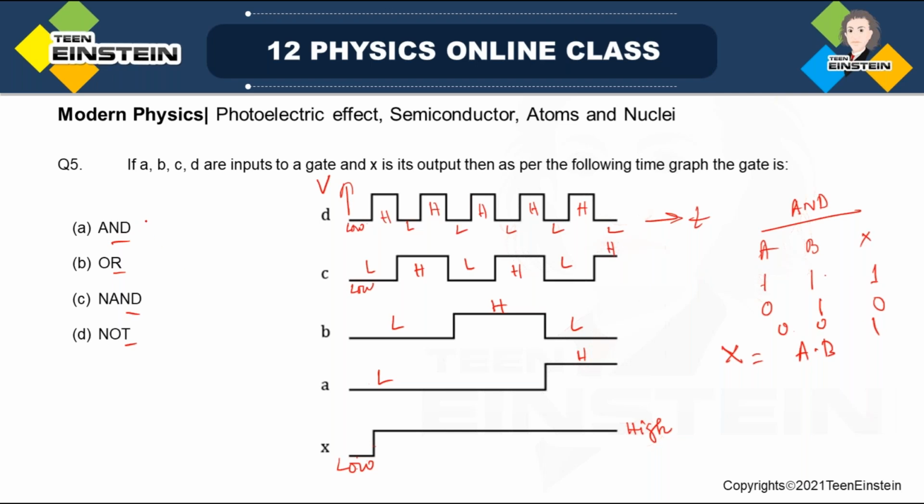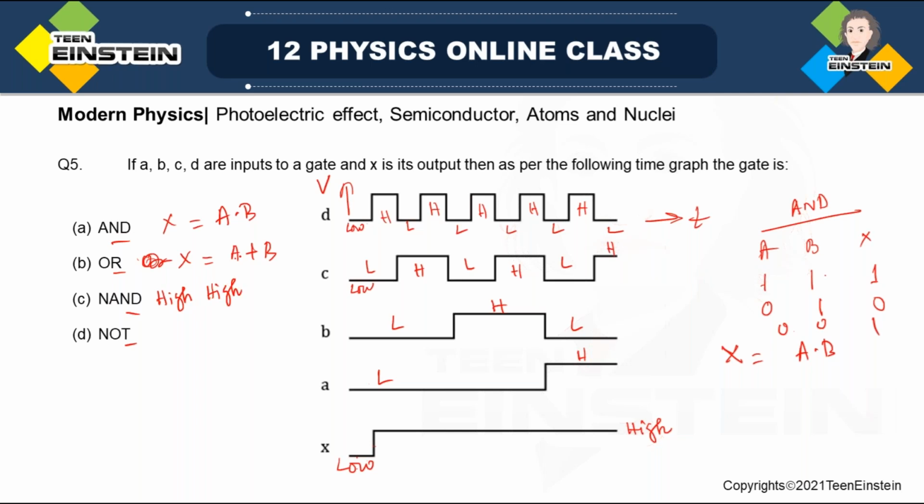In case of AND gate, in case of OR gate, low. So OR gate will give you output A plus B. So here output will be A dot B. Okay, NAND gate, it is saying that when all the inputs are high, then you get low.